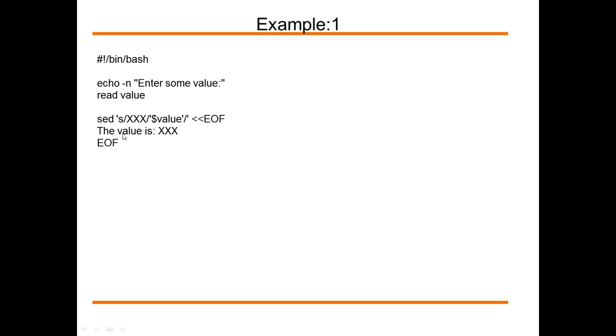Now, if you combine all of them, on this given input, this sed command will be applied. That means the value is colon dollar value. The first part, the replacement, is done. The second part of sed is to echo it on the screen. While echoing it on the screen, the value is dollar value. Dollar value will be replaced with 999.